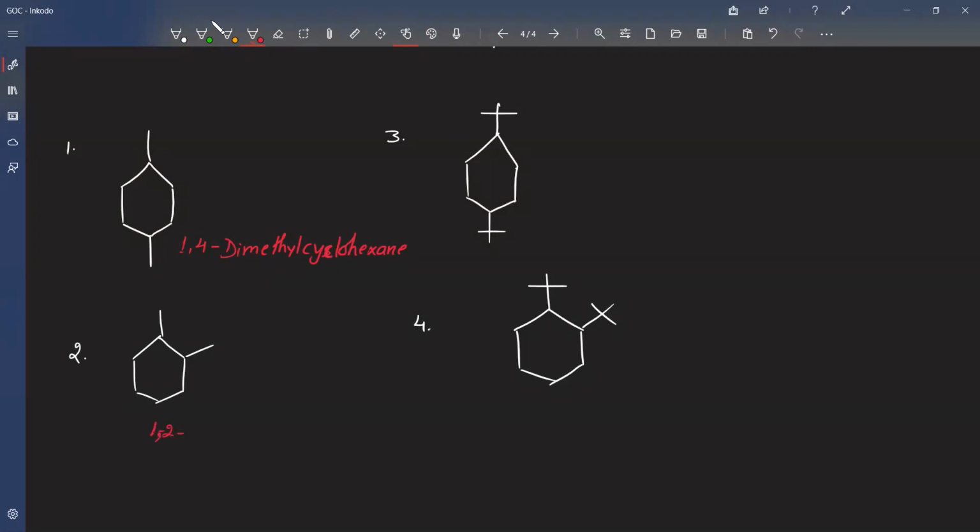And third one is 1,4 in the bracket 2,2-dimethylethyl, then close the bracket, cyclohexane.